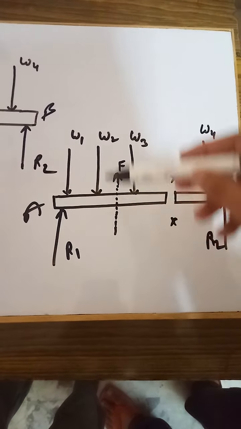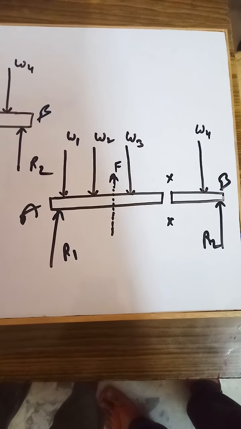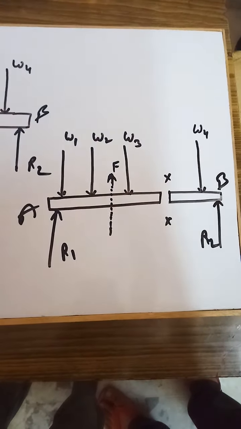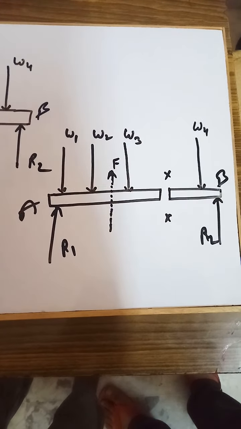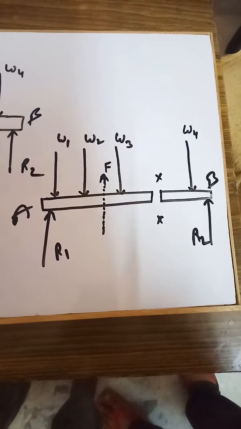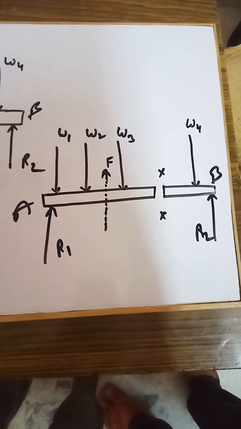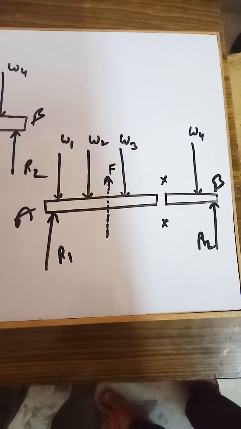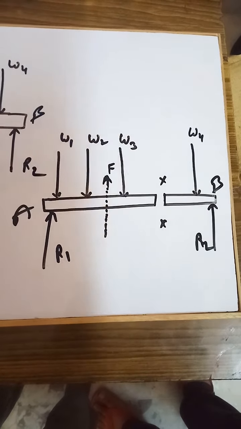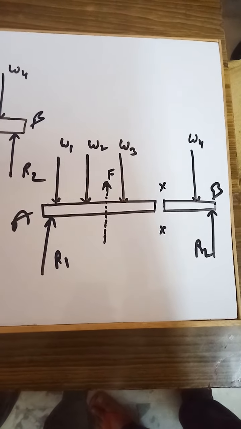This F is known as the shear force. This F represents the sum of all the forces acting on this XX section of the beam. By this you may understand what exactly the shear force is. So hopefully you are getting this about the shear force.